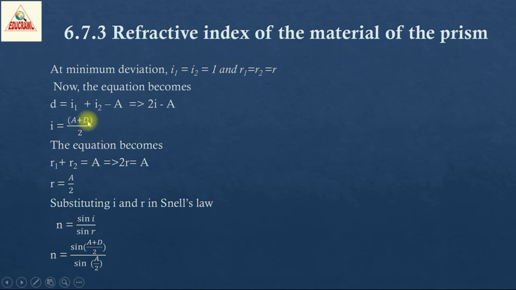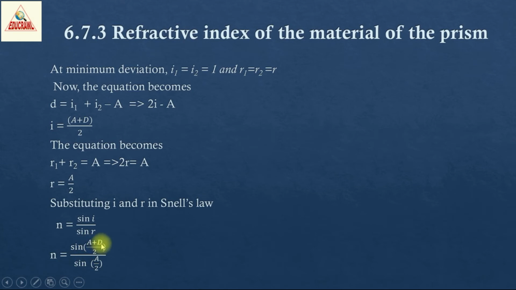Now these two values of I and R, we are going to substitute in Snell's law. According to Snell's law, N, the refractive index, is equal to sin I by sin R. Substituting the I value and R value, we get N is equal to sin((A plus D) by 2) divided by sin(A by 2).